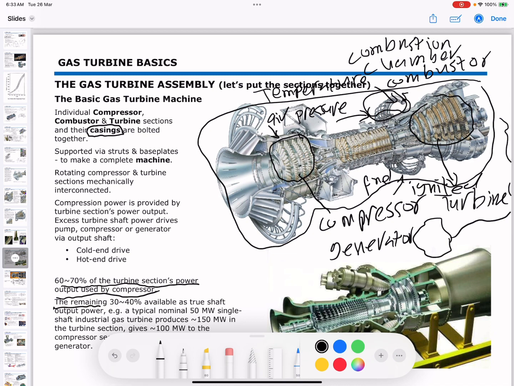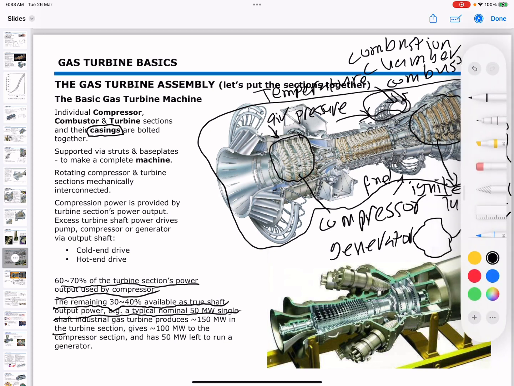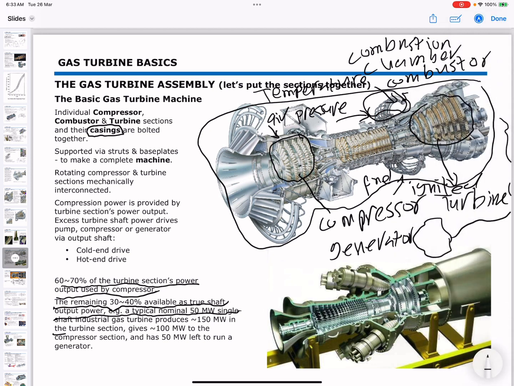The remaining 30 or 40% is available as shaft power; for a typical single shaft gas turbine producing 150 megawatts in the turbine section. I hope I explained this slide in a short way, so as not to make the video too long.